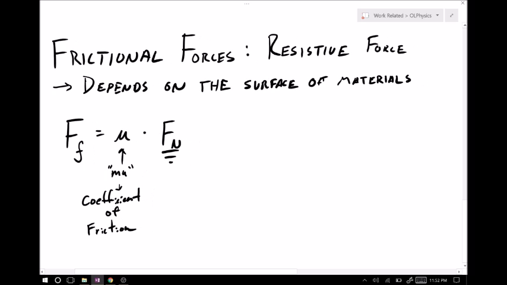However, there are actually two types of frictional forces. There's static friction, and there is kinetic friction. I think I said dynamic earlier, I meant kinetic.